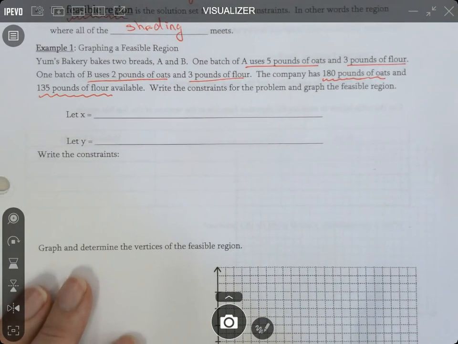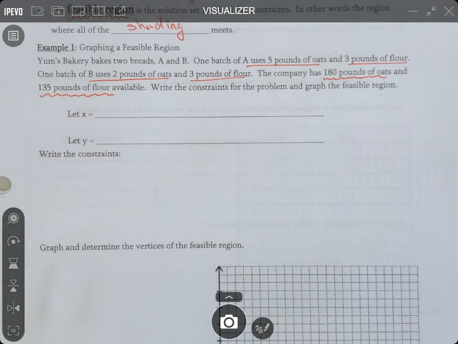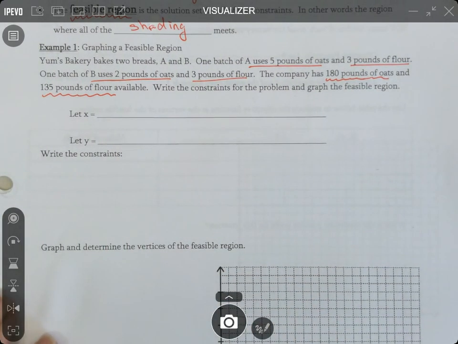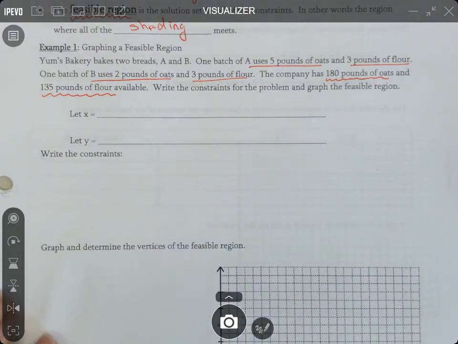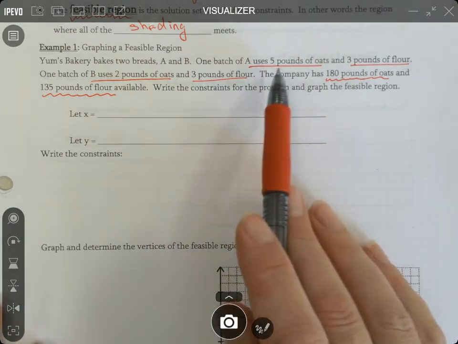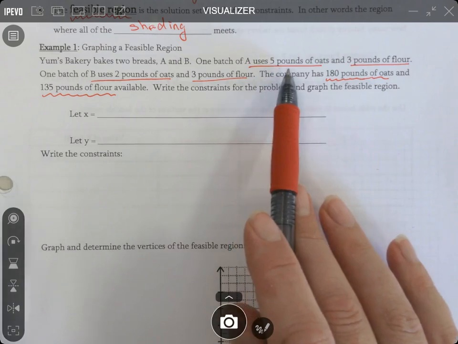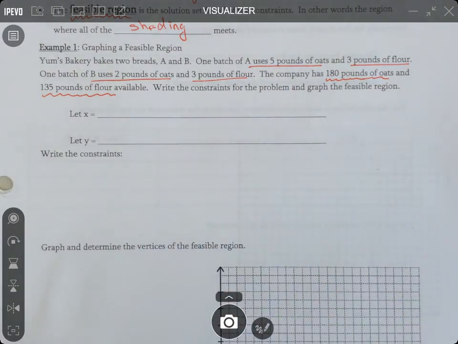Now, a lot of times they come right out and say, how many of this? So constraints mean we're looking for inequalities, and the feasible region is what we're going to get when we graph and shade. But I need to define my variables first. So in order to know how many pounds I need, what would I need to know? Like I would know if I use 5 pounds of oats for each batch A. So to know how many total oats I need, what am I looking for?